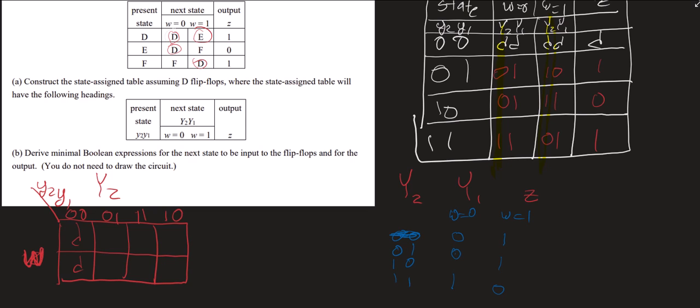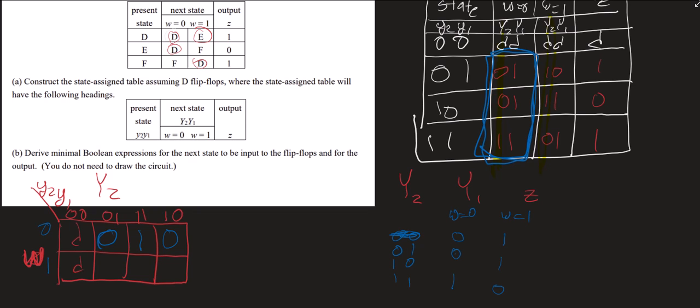Okay, so I'm going to start with W equaling 0. When W equals 0 and Y2, Y1 is 0, 1, then Y2 is 0. When Y2, Y1 is 1, 1, and W is 0, then Y2 is 1. When Y2, Y1 is 1, 0, and W is 0, Y2 is 0.